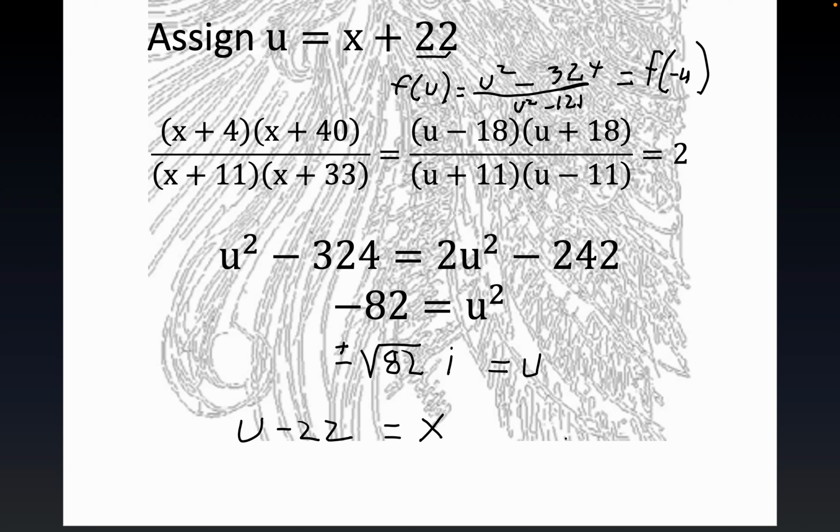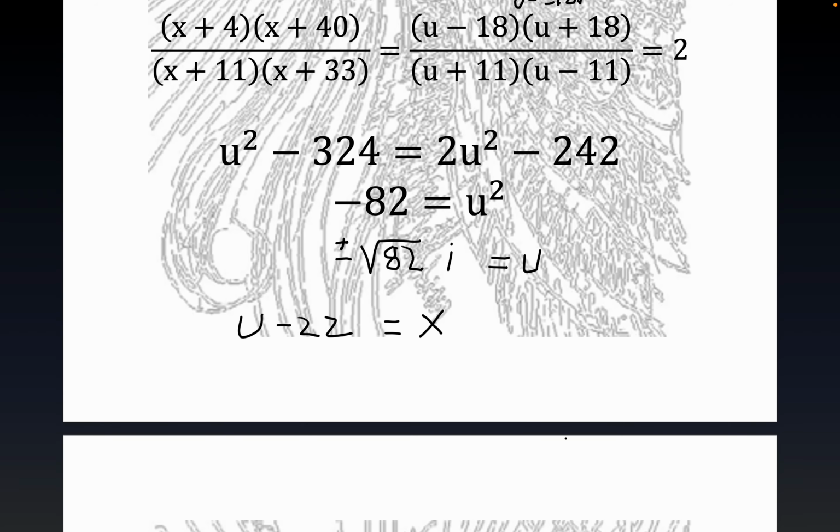Now, what does that do for us? Well, that gives us two solutions. One solution would be x equals -7 plus the square root of 82i.